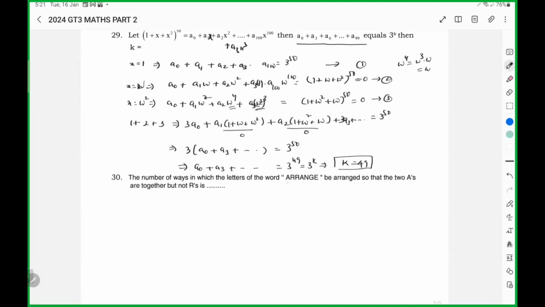The number of ways of arranging so that two A's are together but not the R's. First, I will arrange these letters at random.